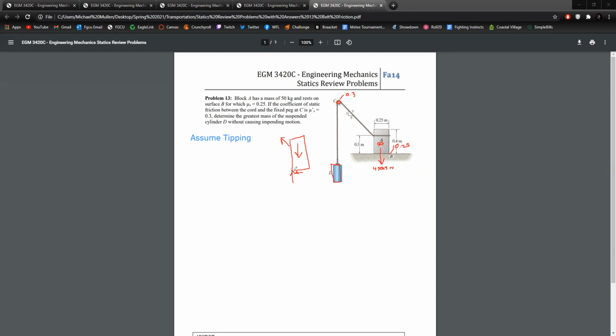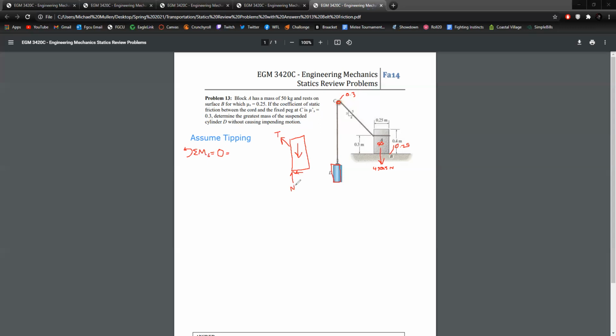What we can do is take the moment about C to get the normal force and the friction to cross off. We can do, let's say, clockwise moment about C equal to 0. It's going to be equal to, this is our unknown tension, this is our weight.